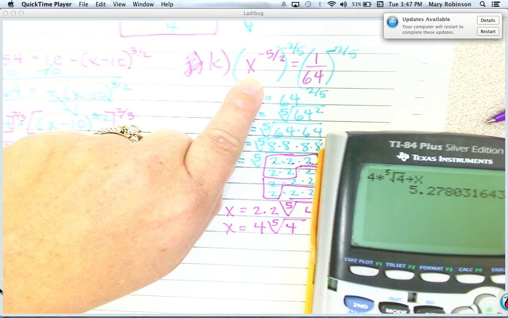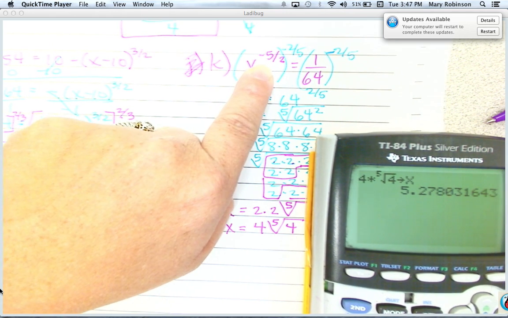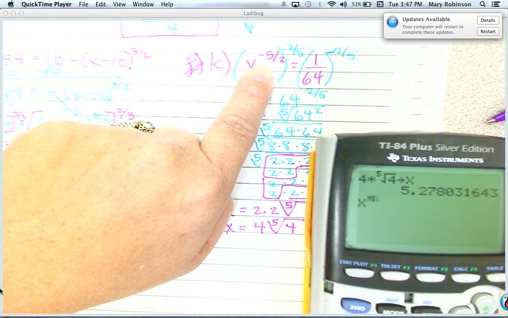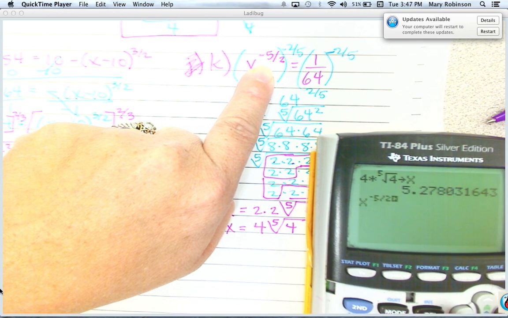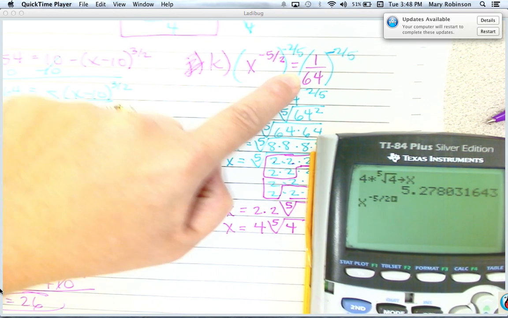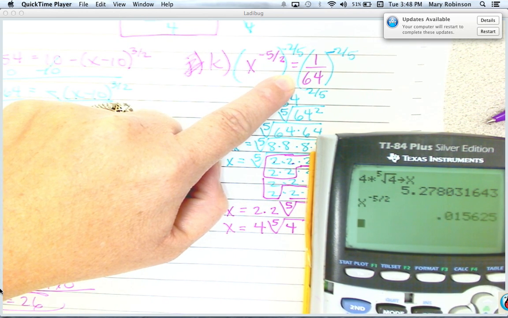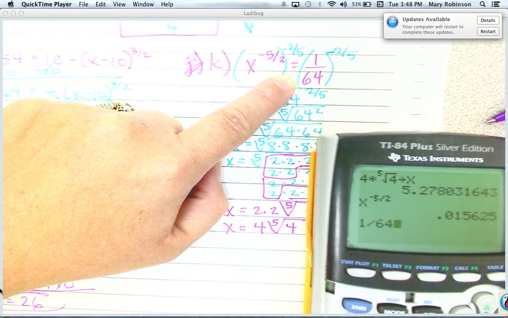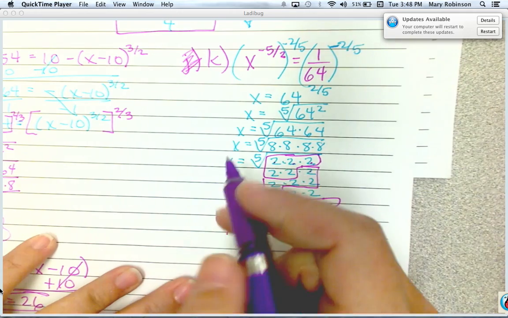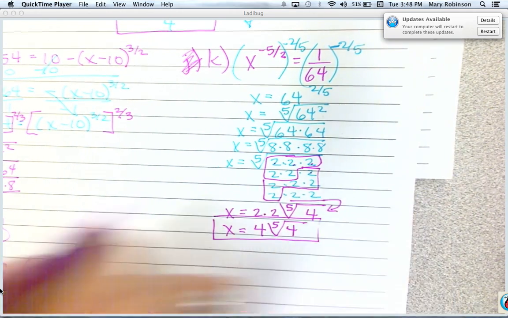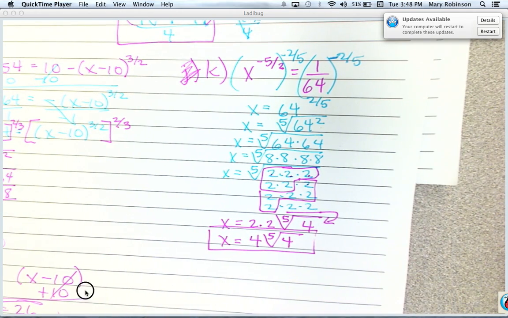Now, when we type it back in here, x to the negative 5/2, we want it to equal the same value as 1 over 64. And 1 over 64 does match up with a decimal, so that means our answer is correct. All right, and that concludes problem 3.